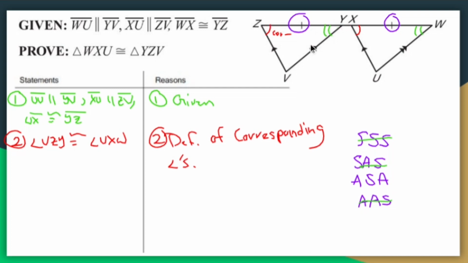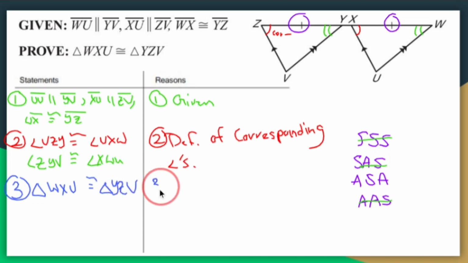Let's say angle ZYV is congruent to angle XWU for the same exact reason. If you have the same exact reason, just give both statements in one. Don't overdo it. Now that I have an angle congruent, and the side that happens to be in between congruent, I can now say that triangle WXU is congruent to triangle YZV. And the proof that I used for that was ASA.